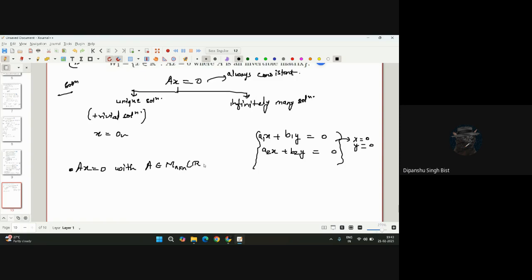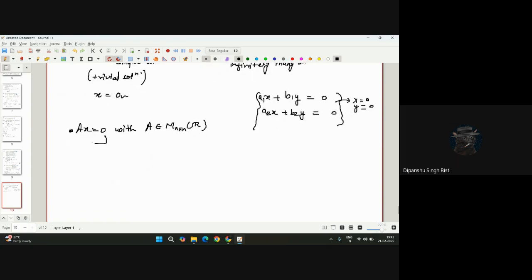Again, you have the same two cases: x is a 0 vector, which is unique, or infinitely many solutions, but you have more information this time. If determinant of A is not equal to 0, then you get the unique case. But if determinant of A is equal to 0, then it's a case of infinitely many solutions.